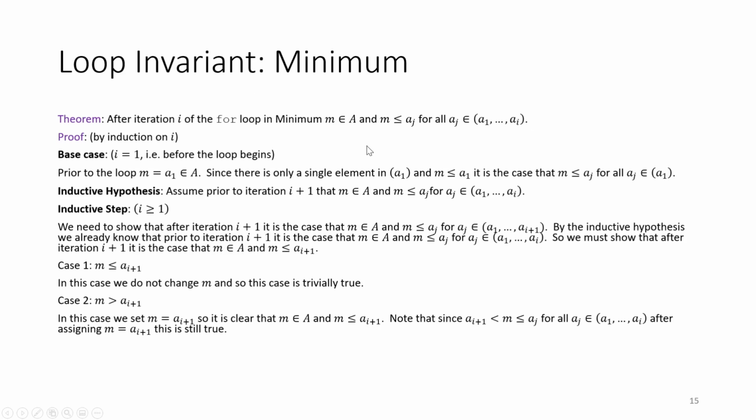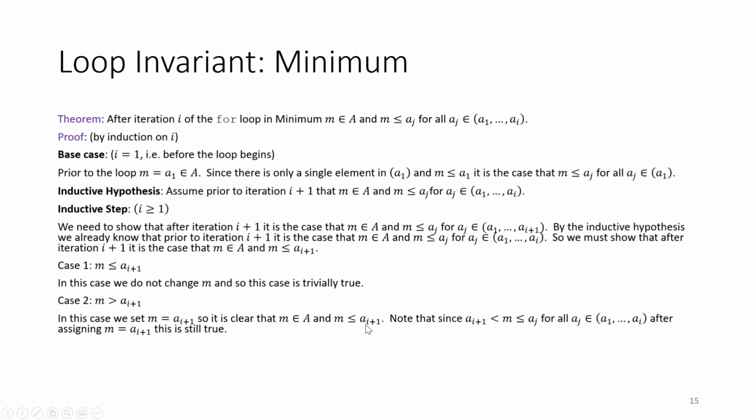These are the two principles we need to prove. The first one is that when we set m to be equal to a_(i+1), it is also clear, trivial, that m is an element of A. Sure, a_(i+1) is also an element of A, so we're good. Also it should be pretty clear that m is less than or equal to a_(i+1) after this change because it's equal to a_(i+1).